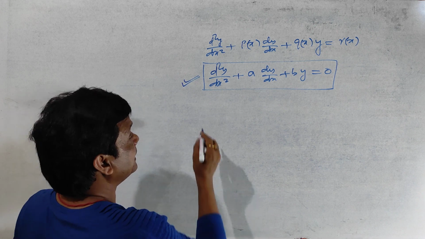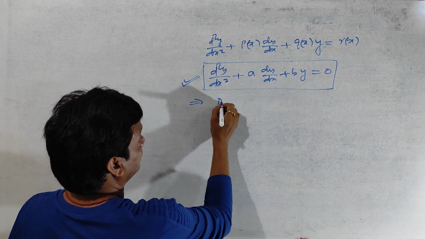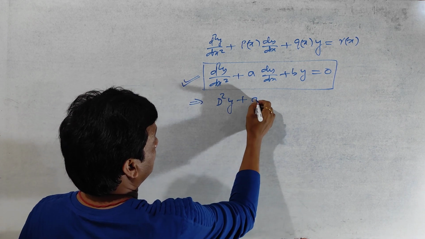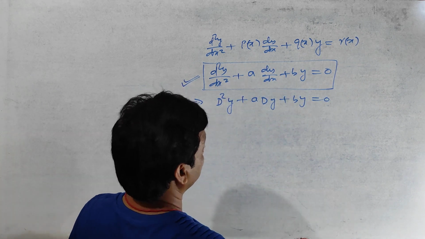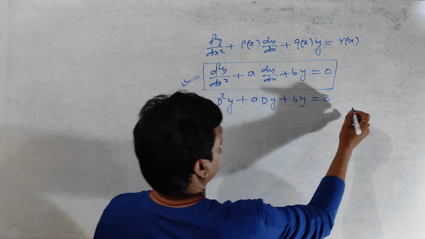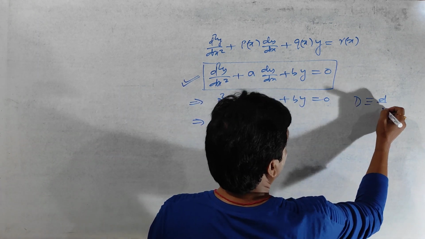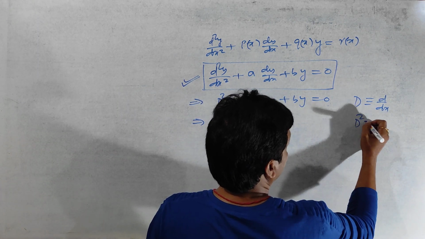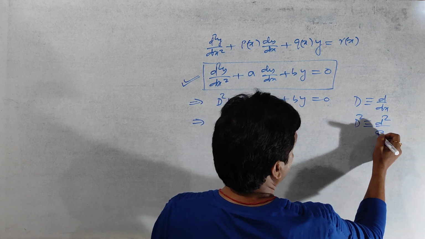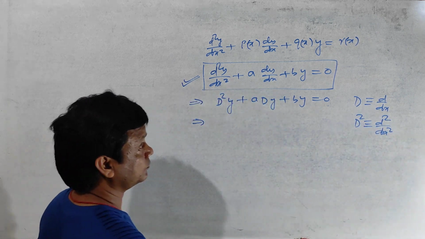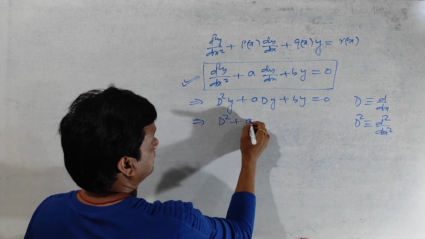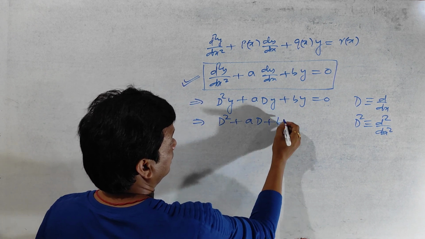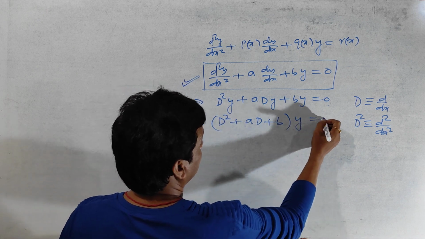Let us see. This can be written as d square y plus a into dy plus by is equal to 0, where d is equivalent to d by dx, and d square is equivalent to d square by dx square. Clear? And this can be written as d square plus ad plus b into y equal to 0.